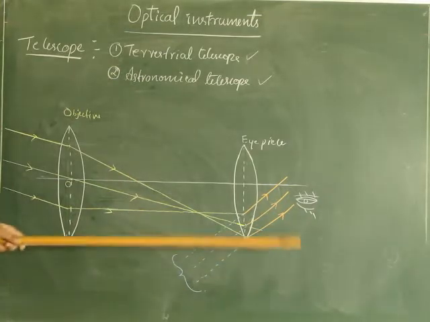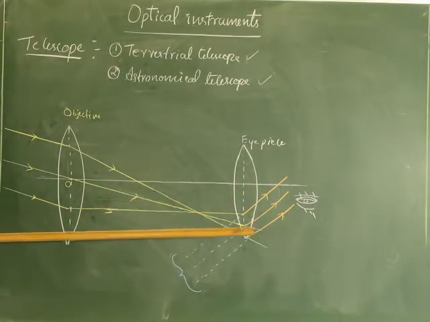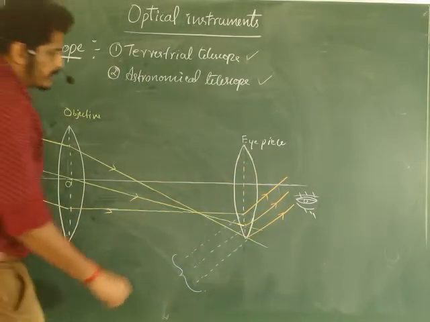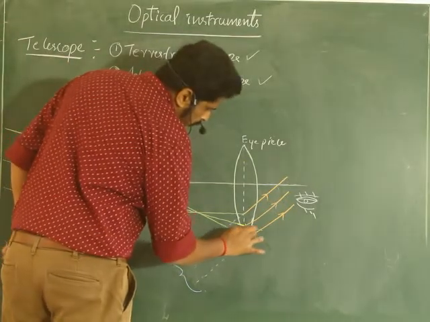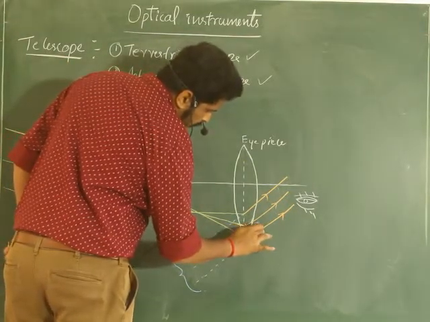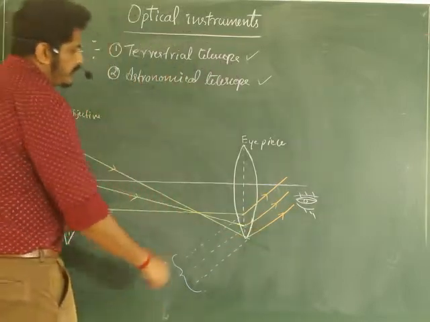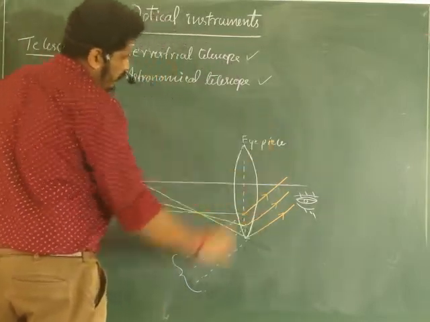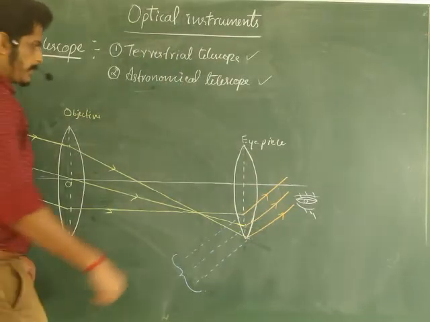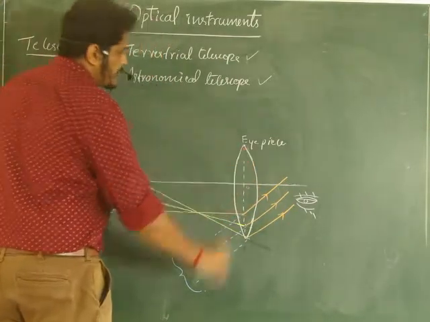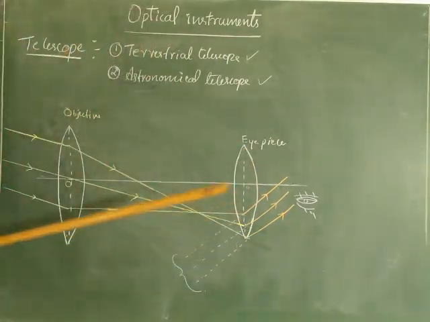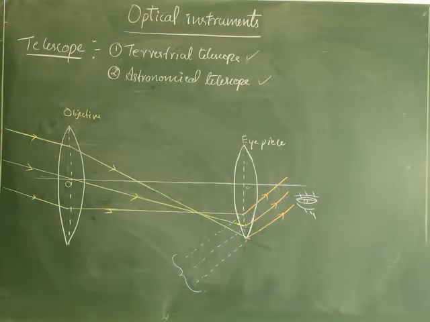These rays of light will enter this one. Let us not continue this. See, we have formed a clear ray diagram of this. This ray will, of course, go through the optic center and undergo refraction. Okay, I will explain once again.